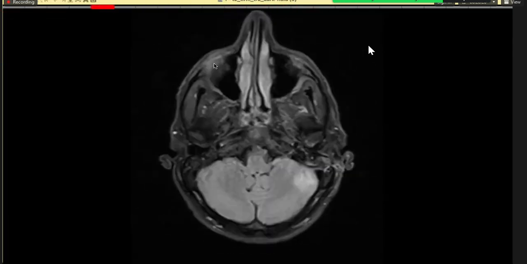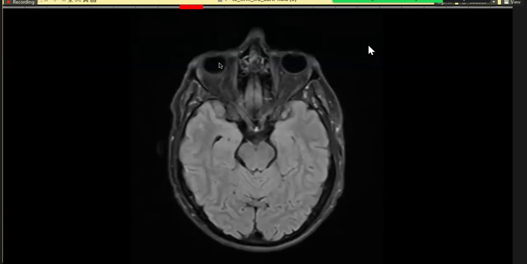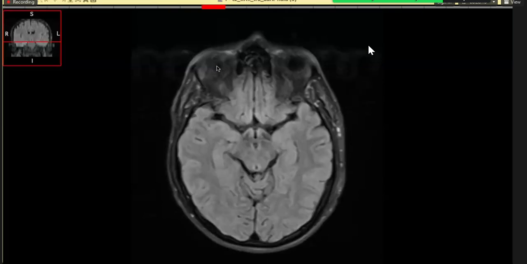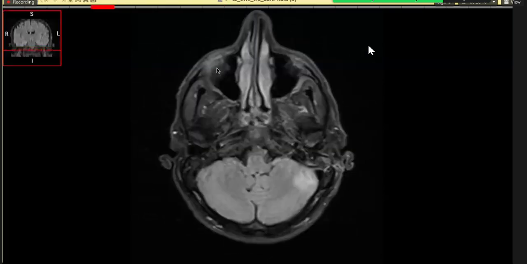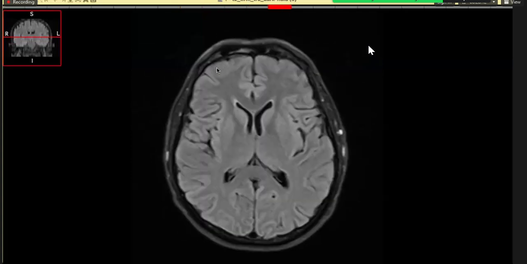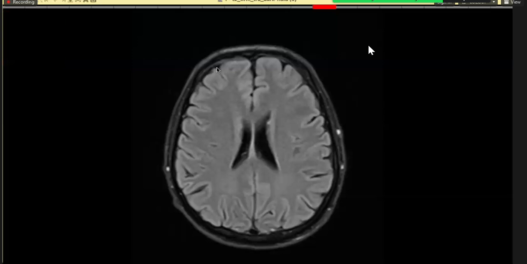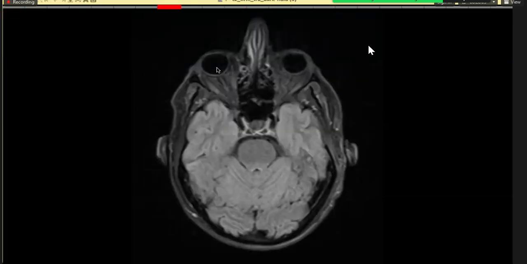Sir, this is contrast enhanced. Why do you say that? Because I can see vessels in the scalp and in the temporal fossa.